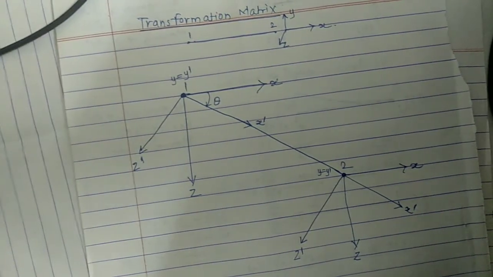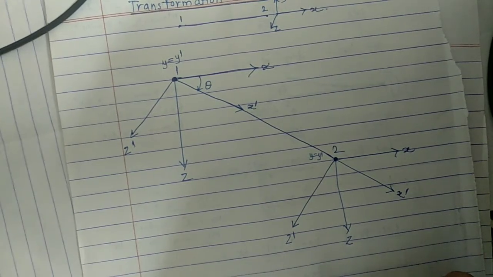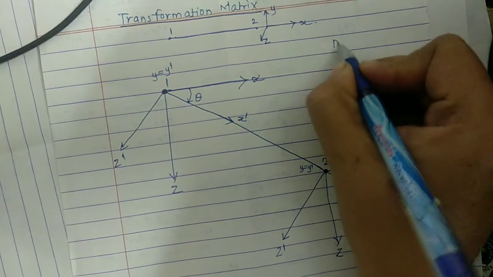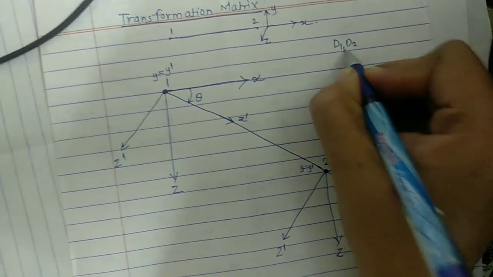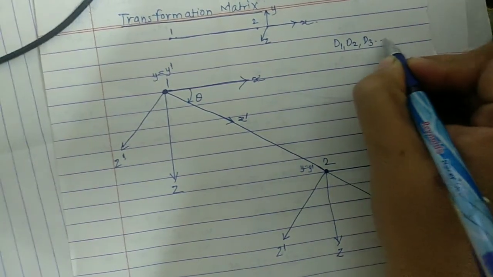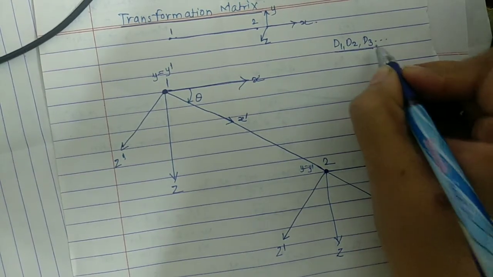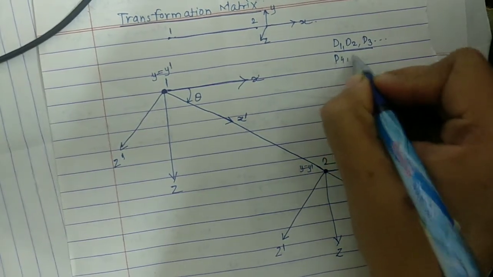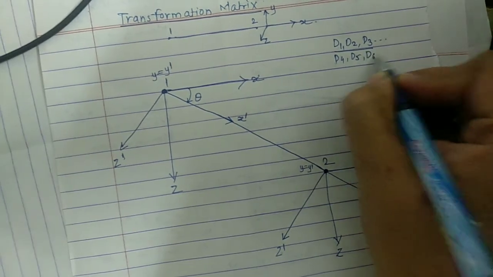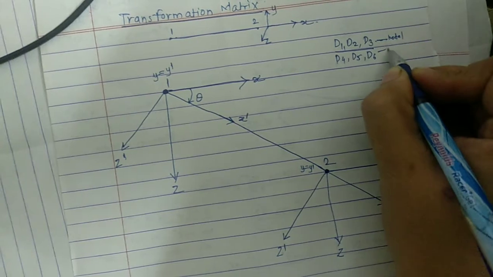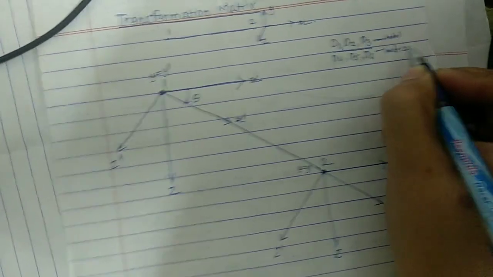Now the degrees of freedom that we have to show here. Let us consider D1, D2, D3 and so on. These three, D1, D2, D3, are at node 1, and D4, D5, D6 are at node 2.